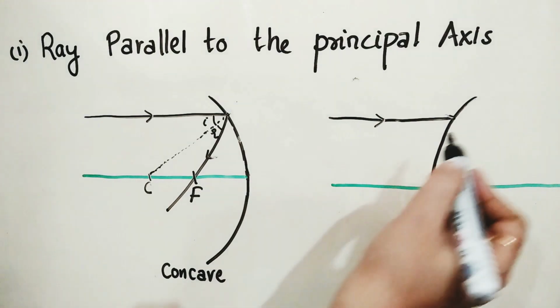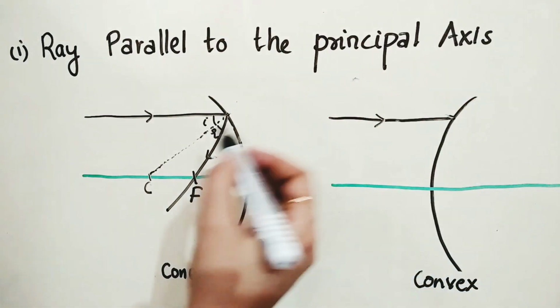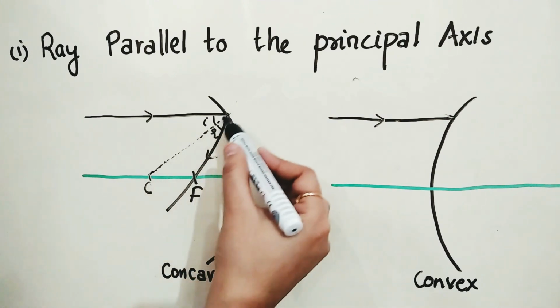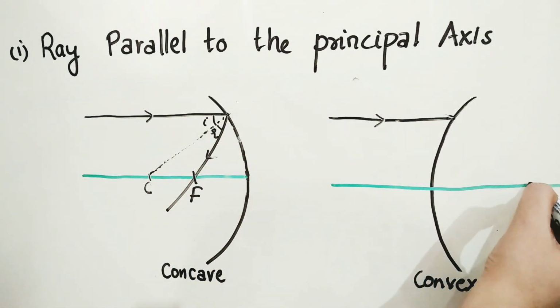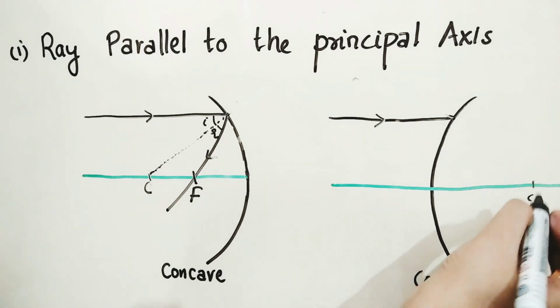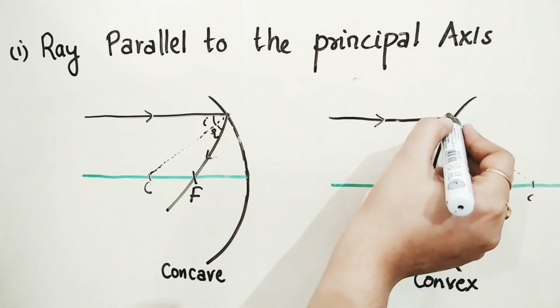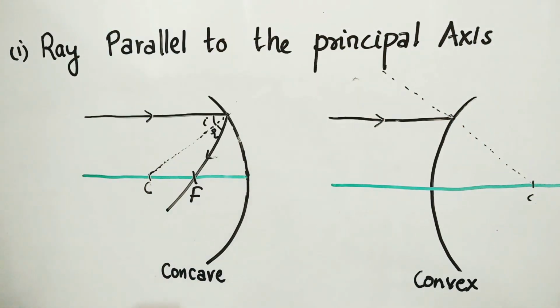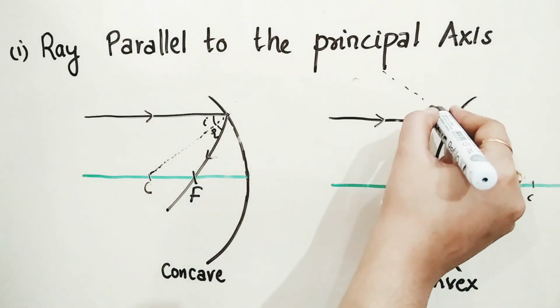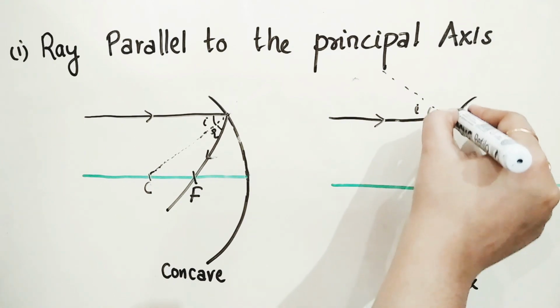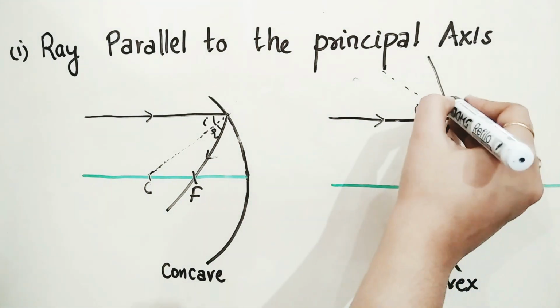Now one more important point, how to draw the normal here. This normal is passing through the center of curvature. So just mark the center of curvature, and the line extended from the center of curvature will act as the normal here. Now if it is angle I, then the angle R will be just like this.